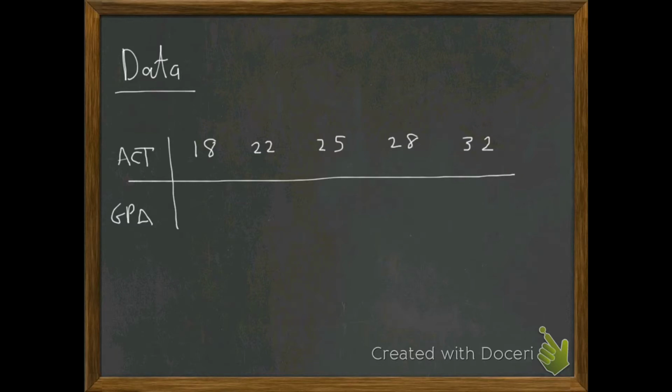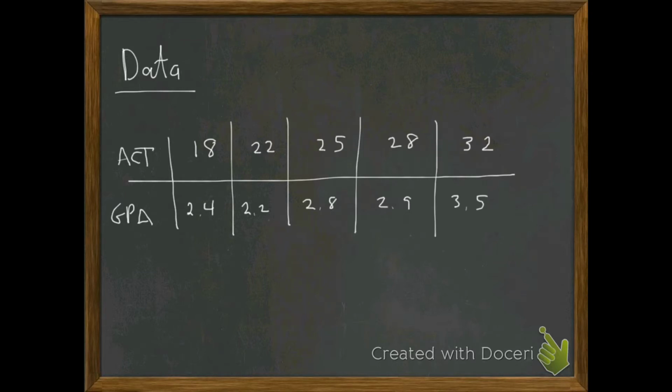And let's say the GPA for this student is 2.4. The GPA for this student was a 2.2. Let's say this student had a 2.8. We'll give it a little bit of a linear increasing. I'm not a fan of ACT scores, but here we go. We're going to use an example of that.